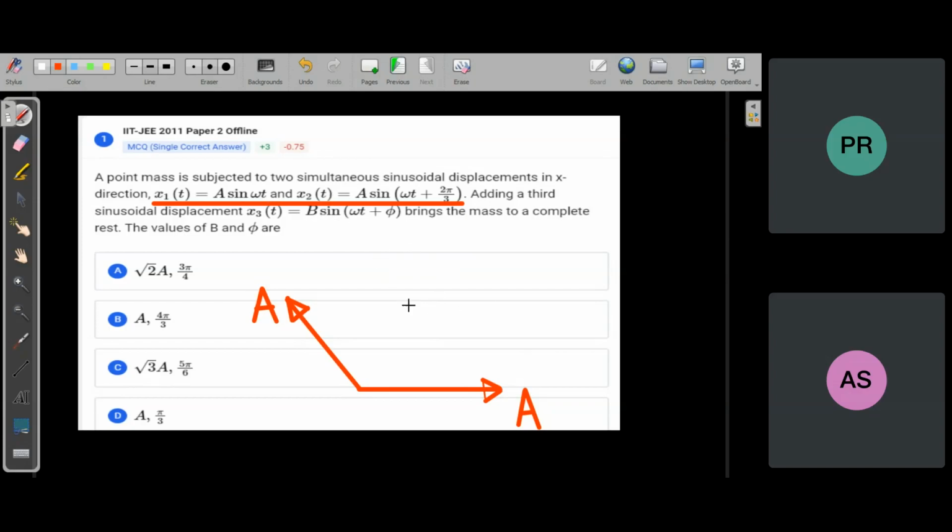For example, the overall x(t) will be x1(t) plus x2(t). This is the equation.